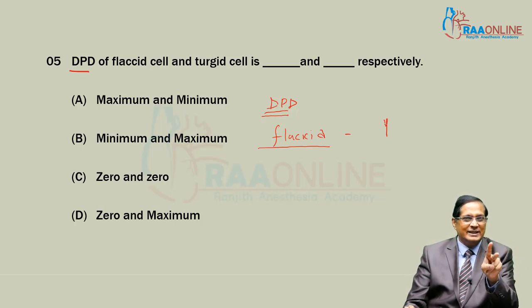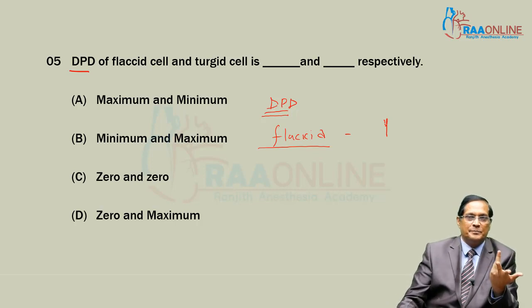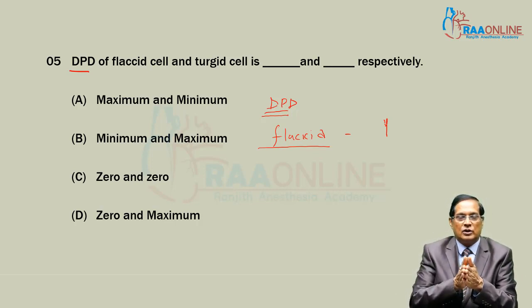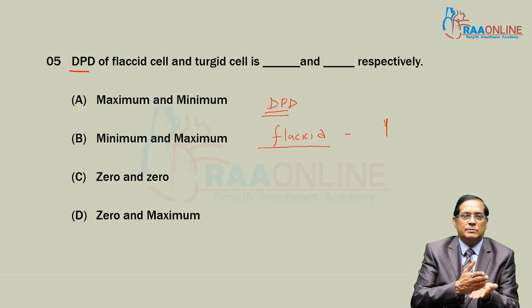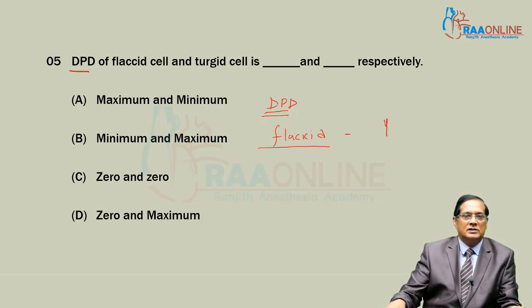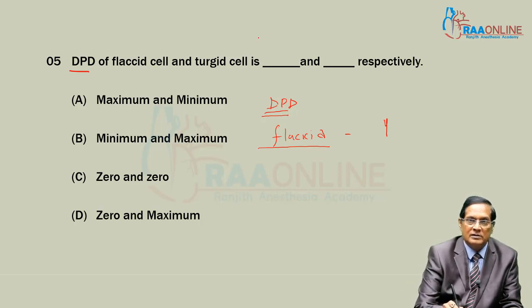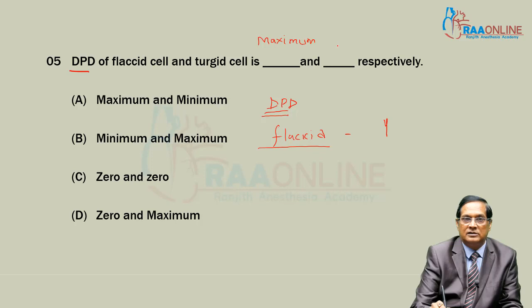Deficit denotes lacking of what? Diffusion pressure. The diffusion pressure of solvent depends on the solvent only. Cell is flaccid, that is solvent is not there. That's why in flaccid cell the diffusion pressure deficit is maximum, whereas in turgid cell its diffusion pressure deficit is minimum.